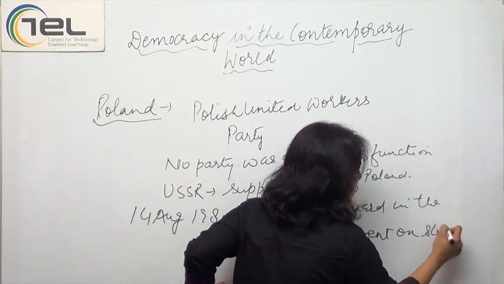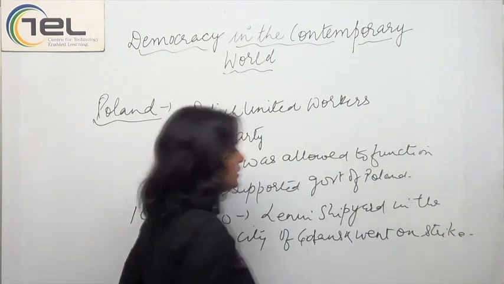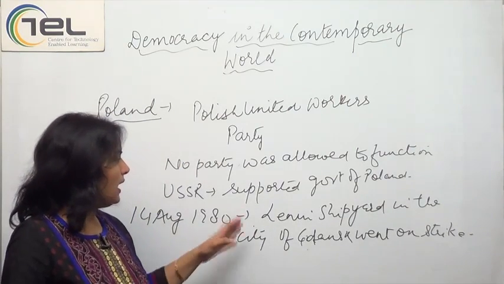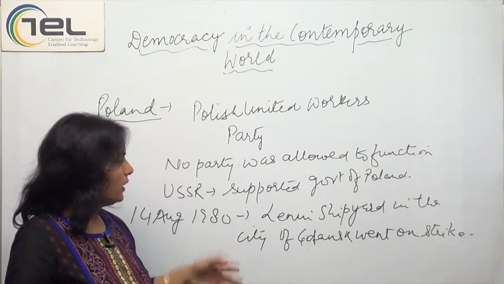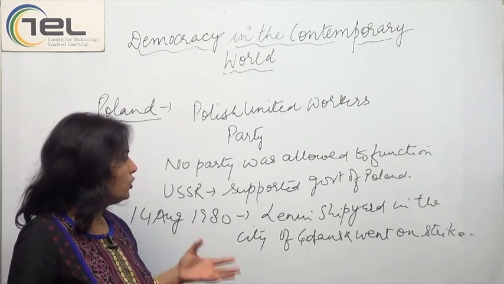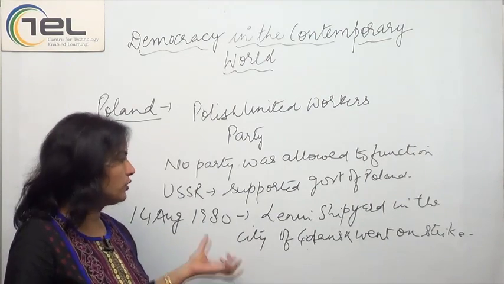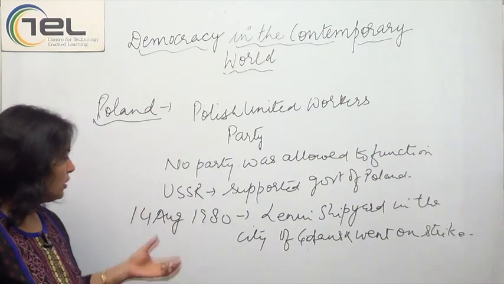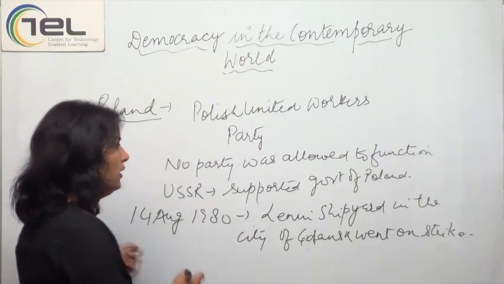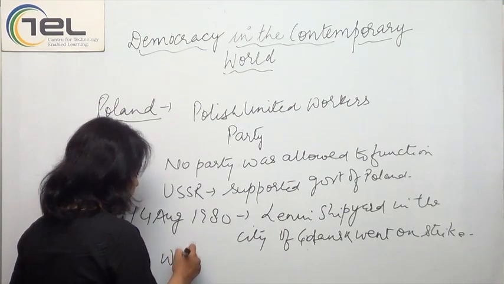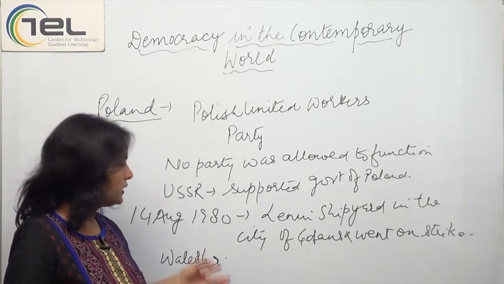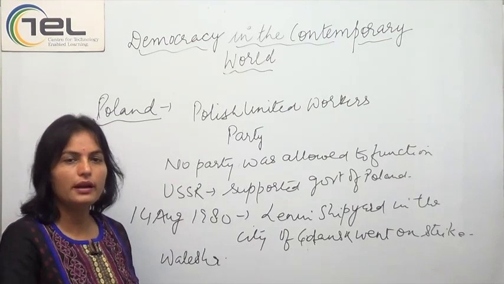They demanded that a certain worker who was ousted should be taken back by the organization, and they did everything to force the government to accept their demands. Under the leadership of Walesa, the strike spread in the whole city, and people demanded more rights.